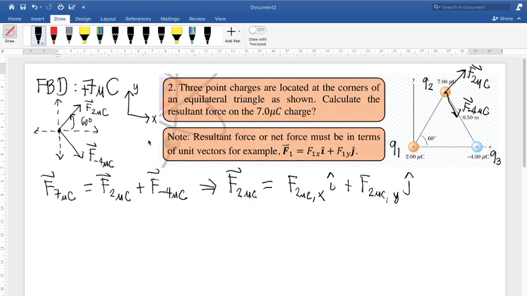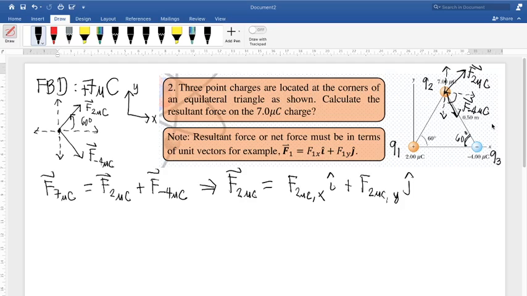But how about the force exerted by the negative 4 microcoulomb charge? What is the angle? Since this is 60 degrees, because this is an equilateral triangle, meaning all angles are equal. Since our 7 microcoulomb charge is the origin in our coordinate system, we can see from geometry that this angle is equal to this angle.